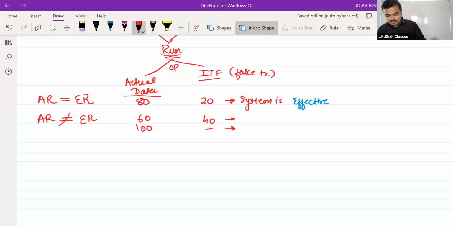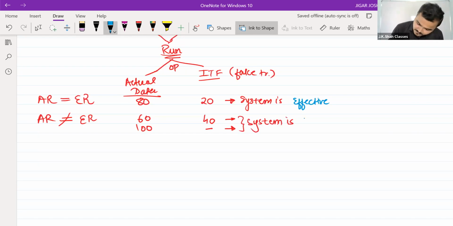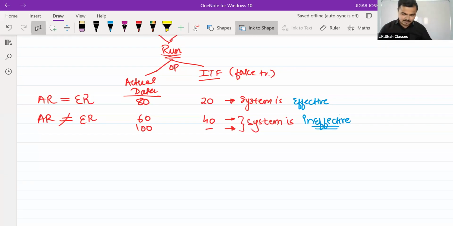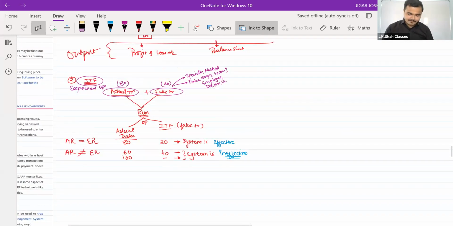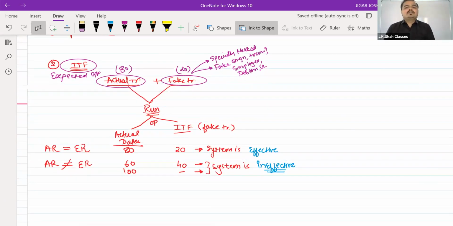Sir, my real, actual output. In this scenario, sir, I am going to put a very simple statement that my system is ineffective. Understood? Yes, sir. So this type of method of verifying or auditing the system is called what, my dear chartered accountants?